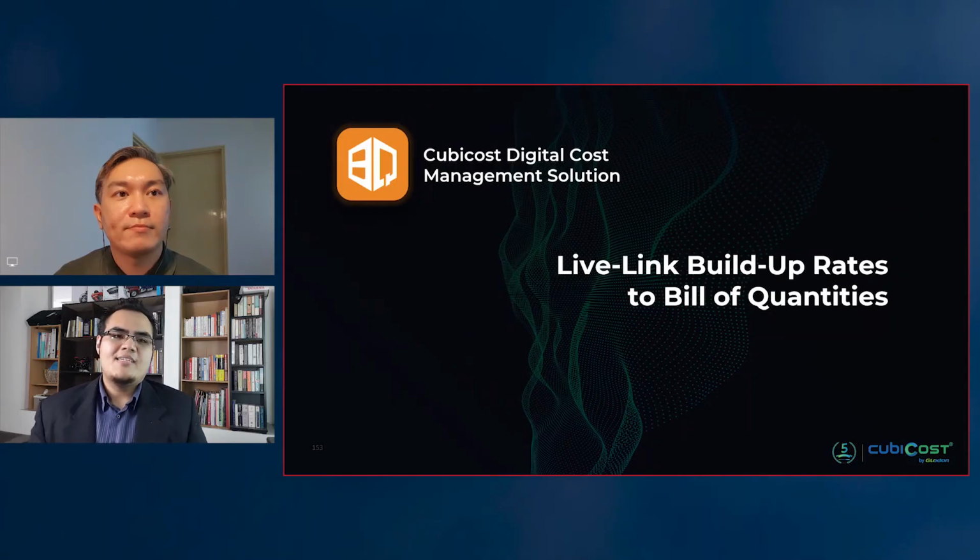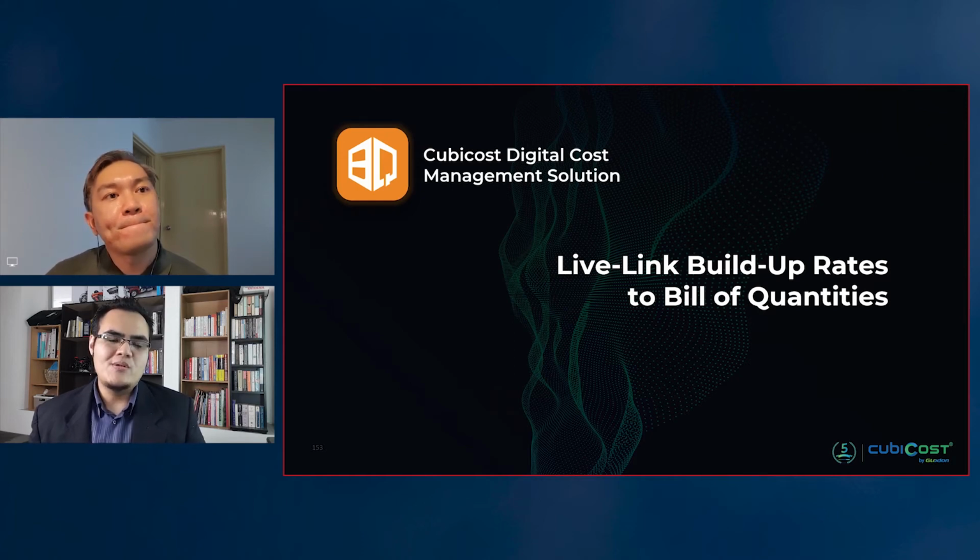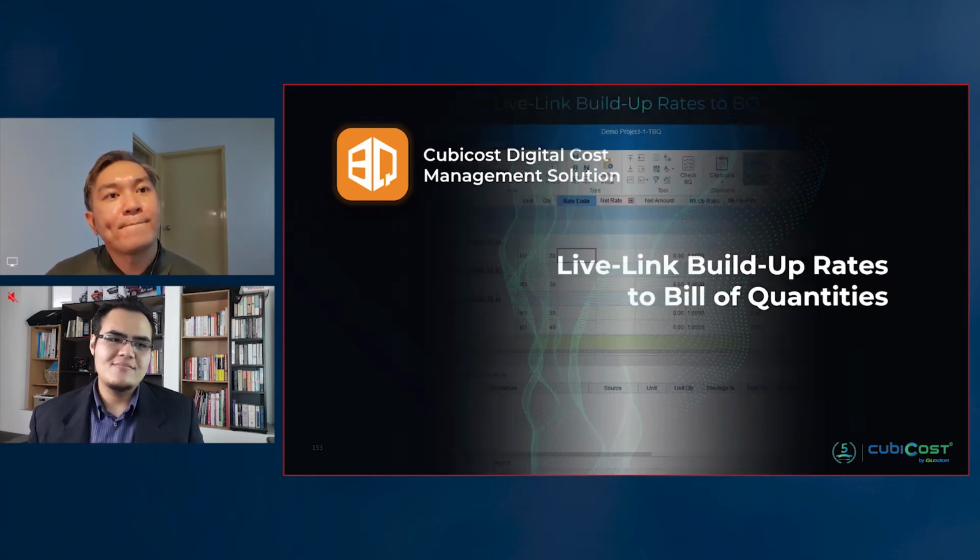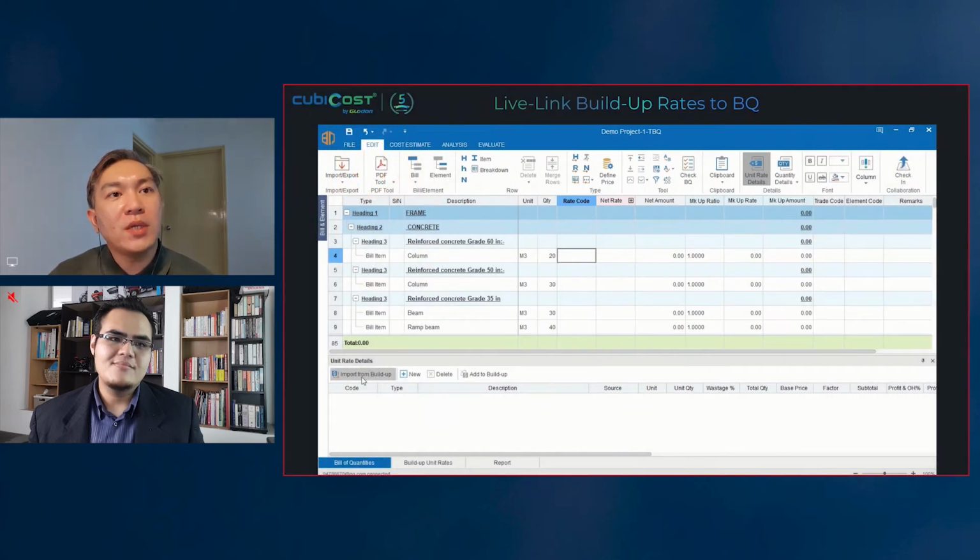Now that we have explained how to reuse price data and build-up rates in this module, how do we import these build-up rates to BQ? We know that there are thousands of BQ items that contractors need to build up rates for and link together. Therefore, we have designed various methods to allow QS or contractors to link their rates to the BQ items quickly.